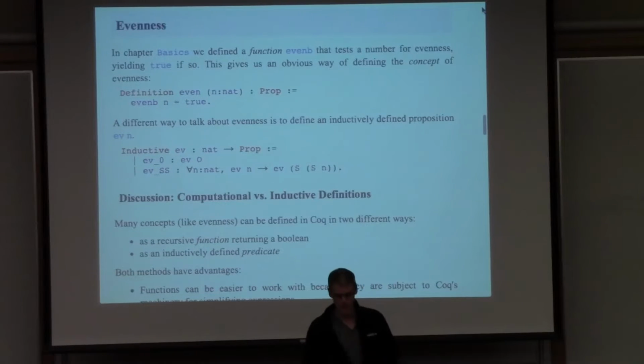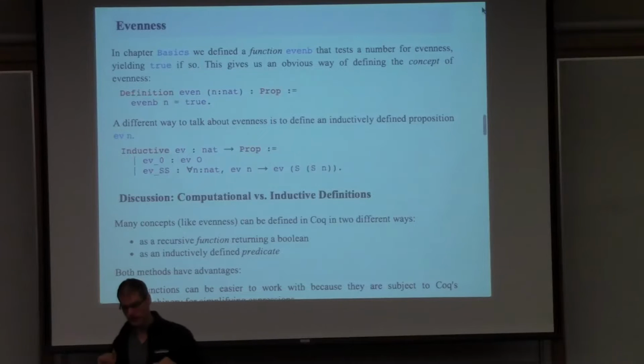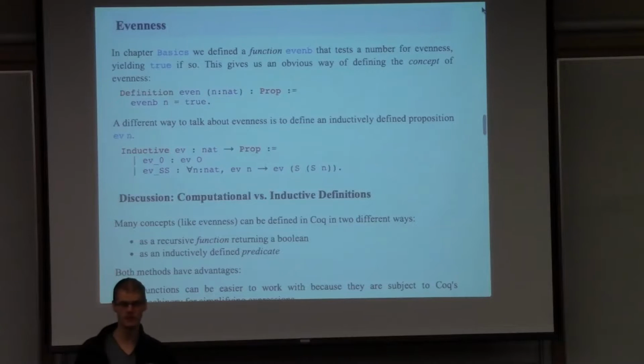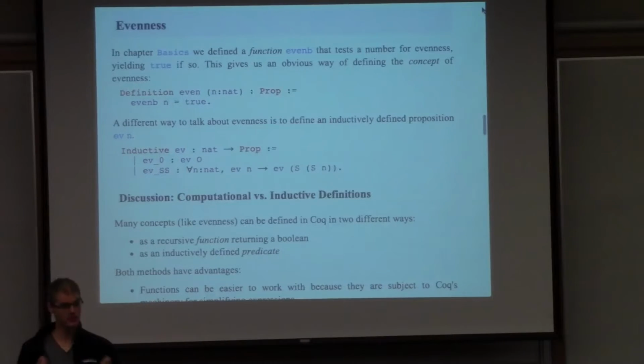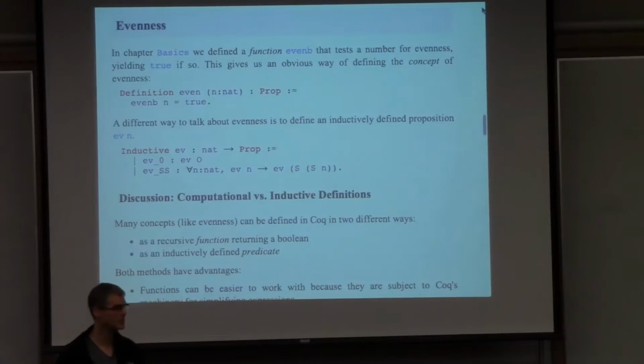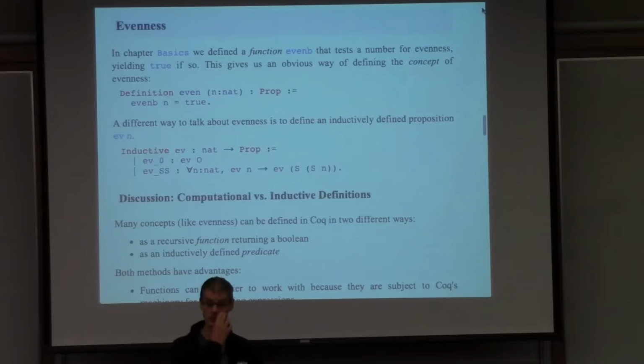And then the last thing we discussed was this kind of trade-off between computational definitions and inductive definitions of certain concepts. And the observation was that for some concepts, there's a choice, and either way works, and in fact it's often useful to do it both ways and show that they're equivalent, because then you can have the benefits of both for the modest extra cost of an equivalence proof.